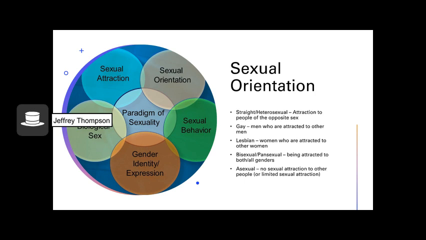When we're talking about attraction, there's a difference between who you find attractive, who you want to date or marry, and who you want to have sex with. Attraction isn't standard across all aspects of sexual orientation. Some people might be interested in casual sex with some people, and in long-term relationships with other people.